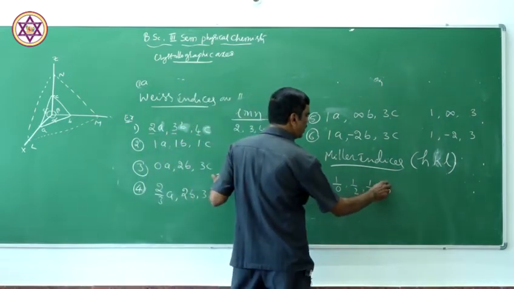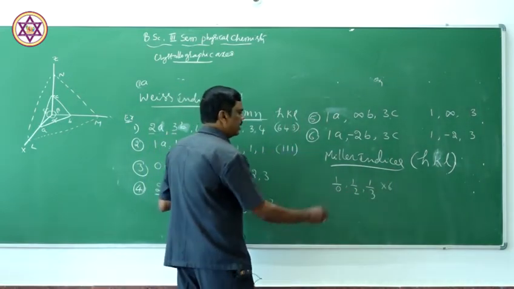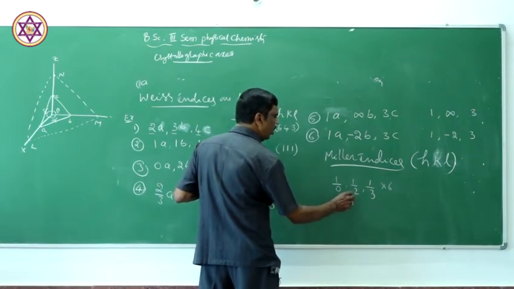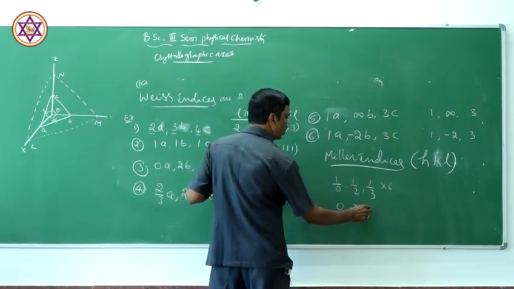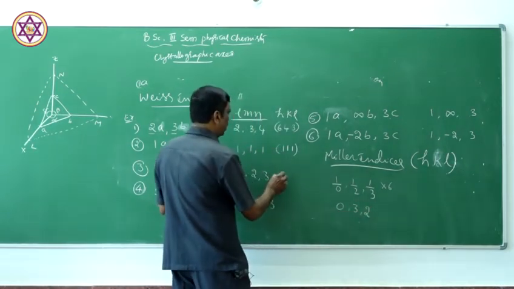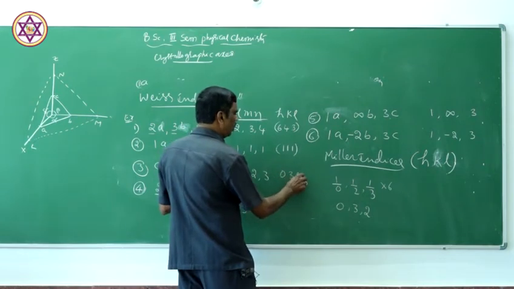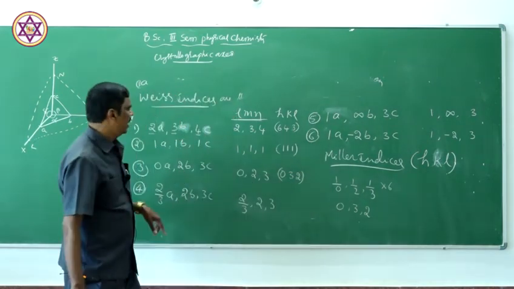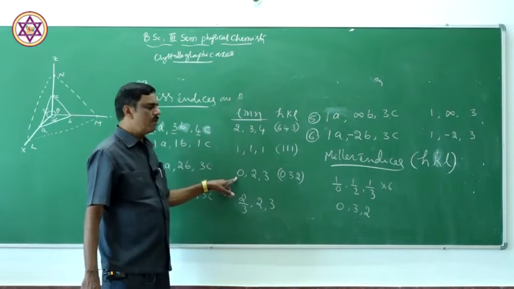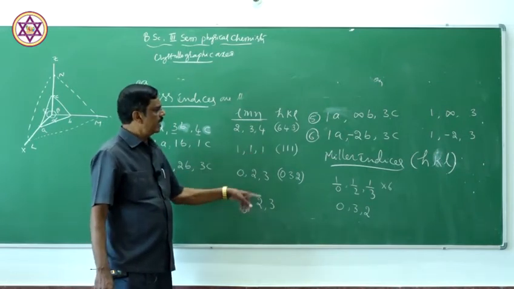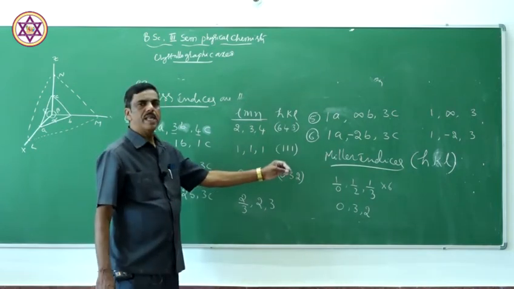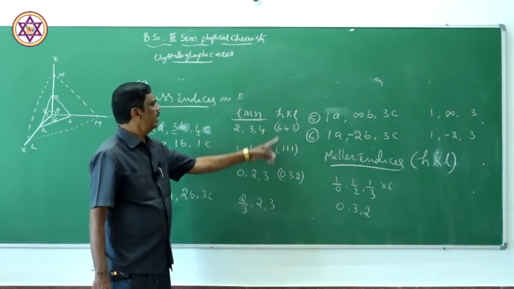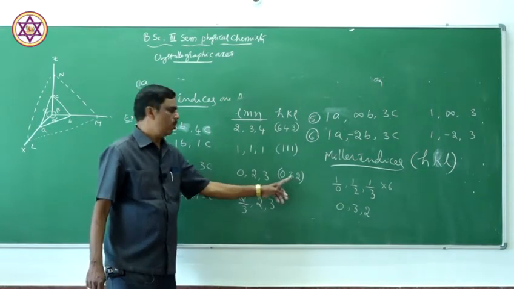You can multiply this by 6. 6 into 0 is 0. 6 into half is 3, 6 into 1 by 3 is 2. Therefore, 0, 3, 2 is the Miller indices. So, even if there is 0, you can convert that into Miller indices. Take the ratio, convert that into whole number by multiplying with a convenient number, you will get HKL. 0, 3, 2 is the plane.